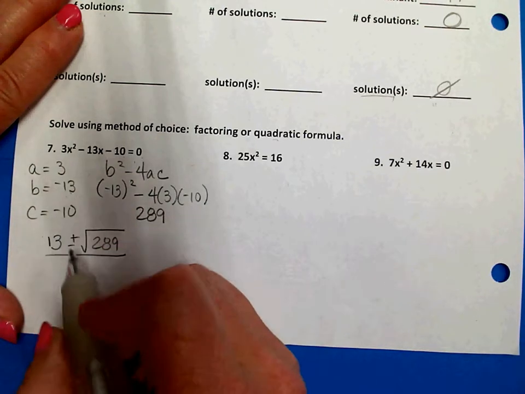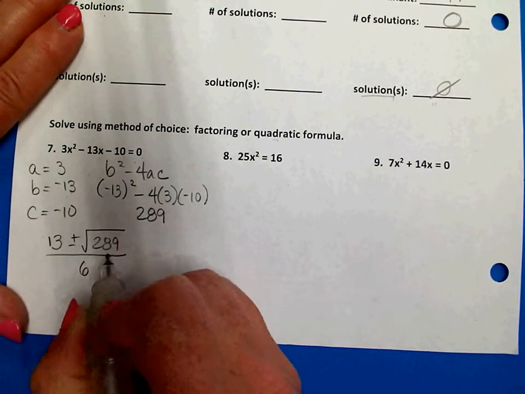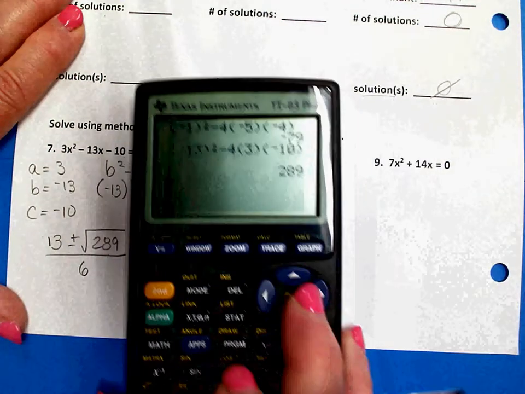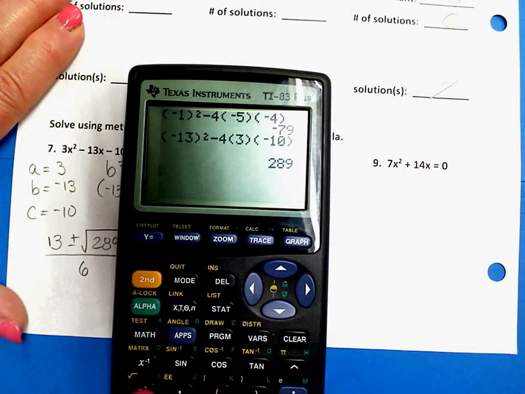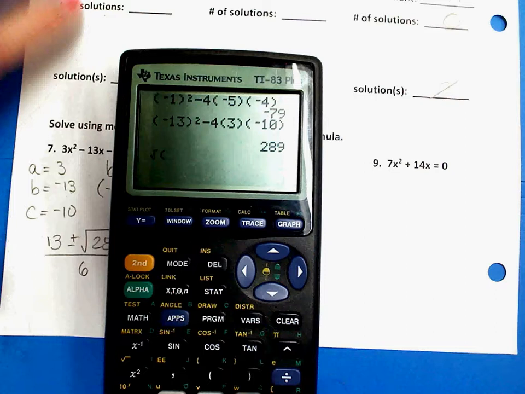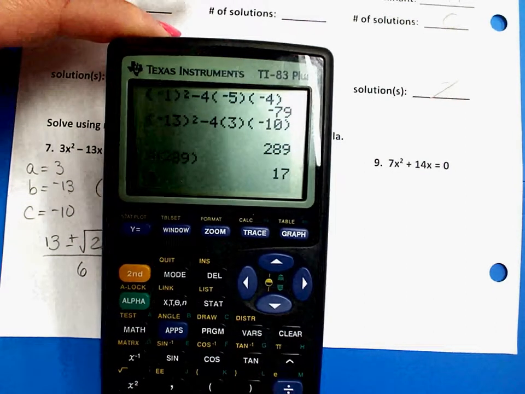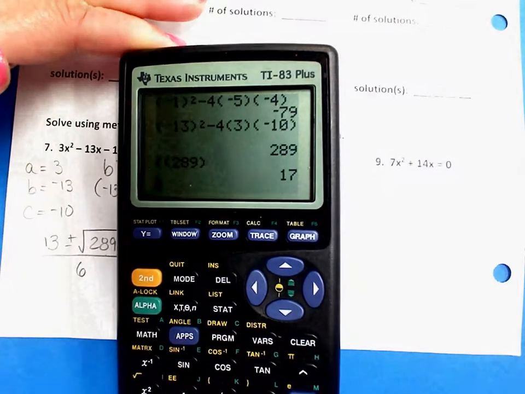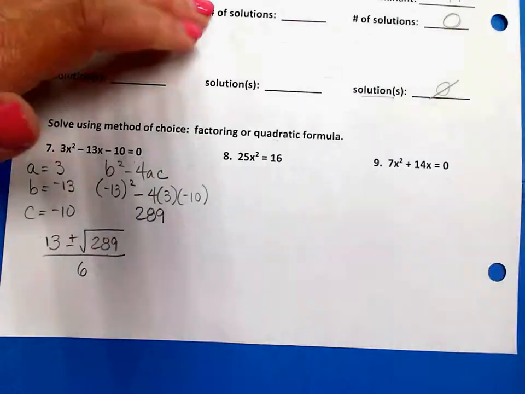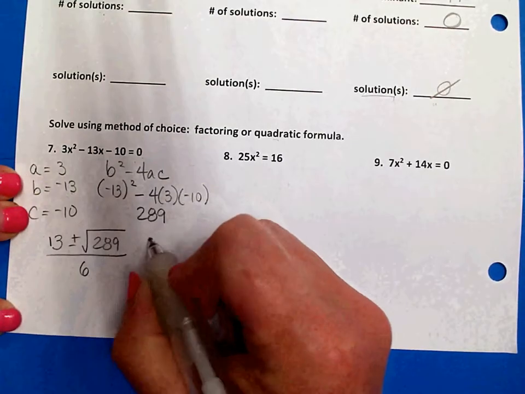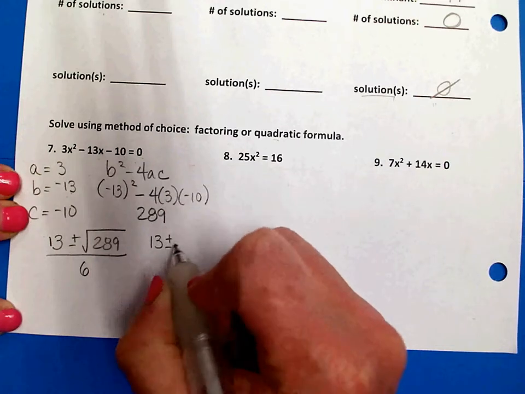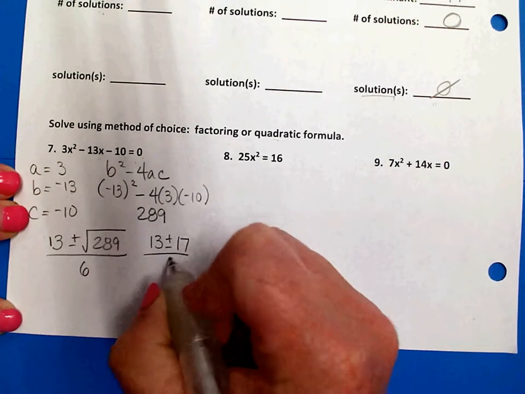So 2 times 3 is 6. I'm going to go ahead and find the square root of 289 next. Second, x squared, 289, enter. And it's a perfect square. The square root of 289 is 17. So I know that my answers are going to be 13 plus or minus 17 over 6.